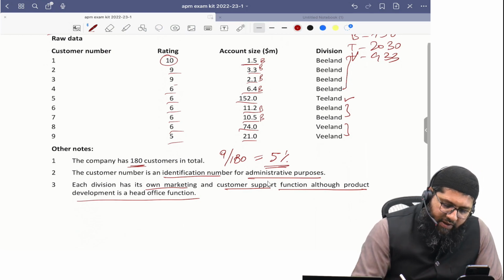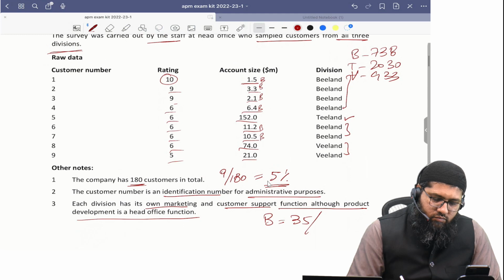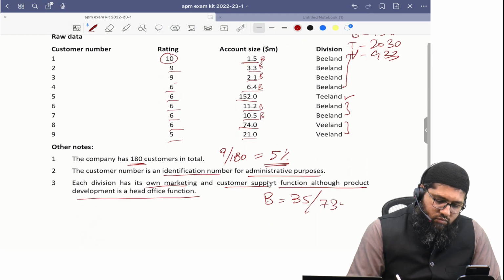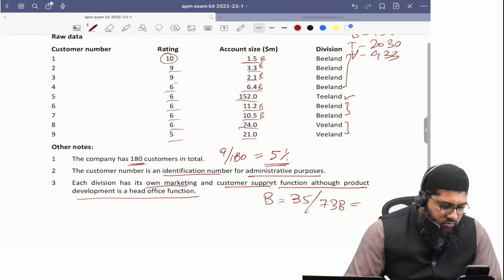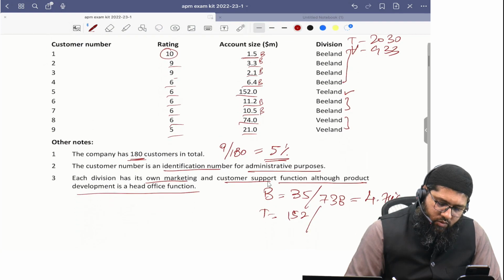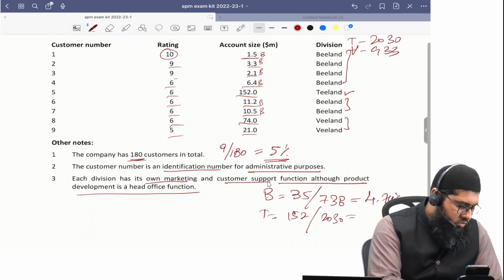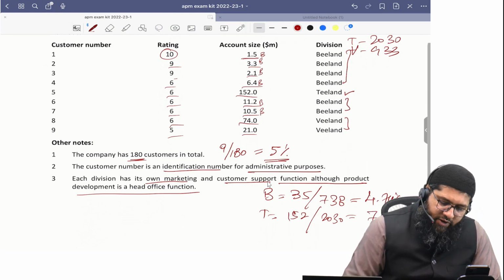It is actually going to be 35 million is the account size out of 738. For T-land, 152 divided by 2030 is 7.48%.